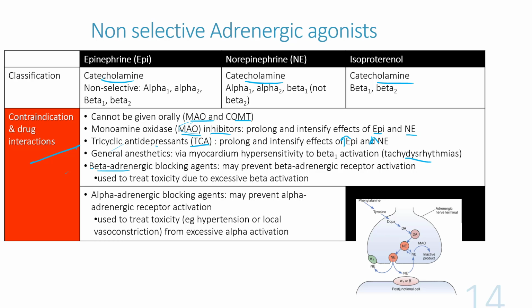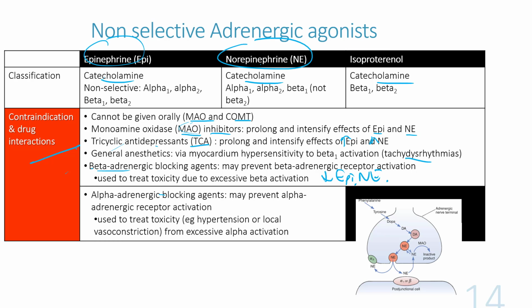Okay, so beta blockers, or beta adrenergic blockers, are actually sometimes used to treat when there's too much epinephrine or norepinephrine or isoproterenol floating around. Beta blocking agents are given to actually decrease the effects of epinephrine and norepinephrine. Right?